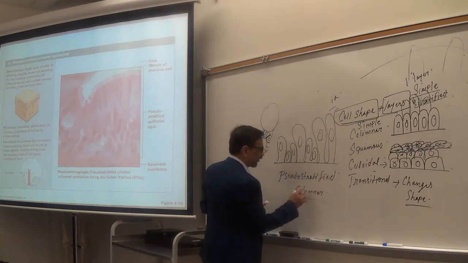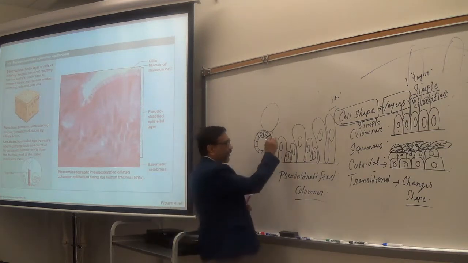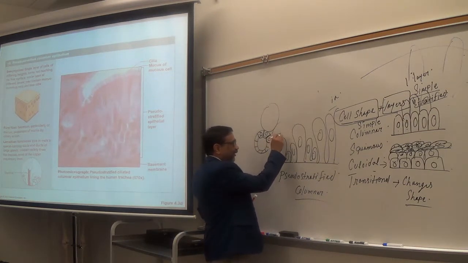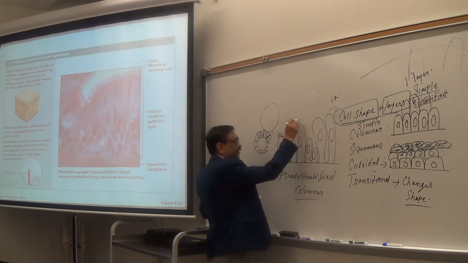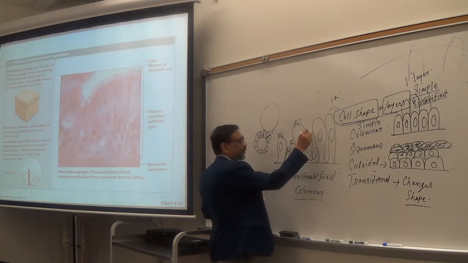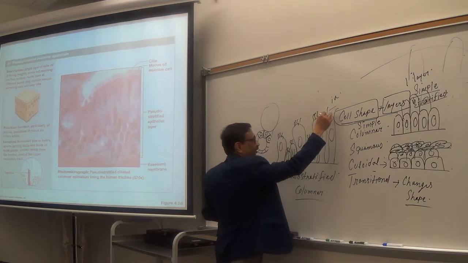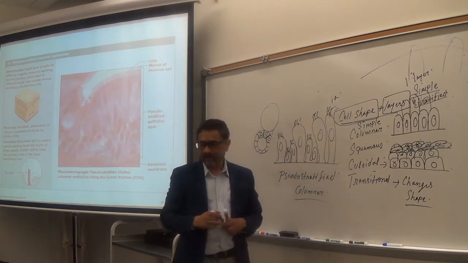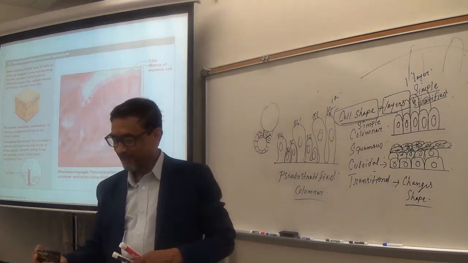Actually single layer. And one thing about pseudo-stratified columnar is you have cilia at the apical end. Okay? So you'll see many soft hair-like structures, a bit like this. Now you tell me, what do you think? Where you'll find this kind of epithelial tissue?